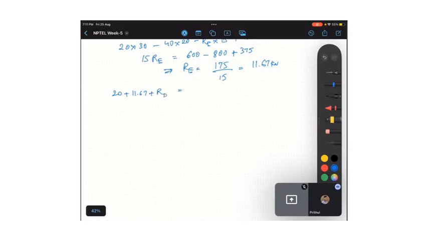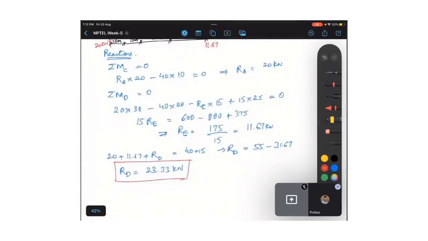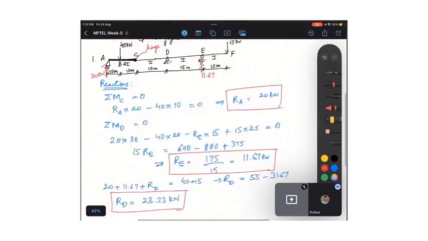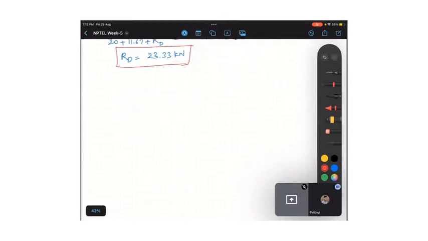That should be equal to the external loads, that is 40 plus 15. That implies RD is 55 minus 31.67. So RD is 23.33 kilonewtons. This is RD, this is RE, this is RA. Let me write down here: 23.33 kilonewtons.